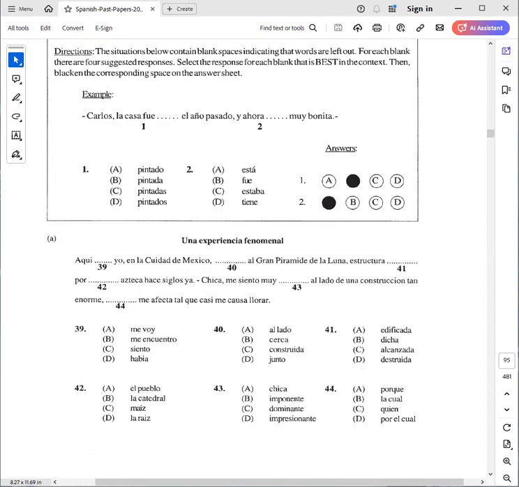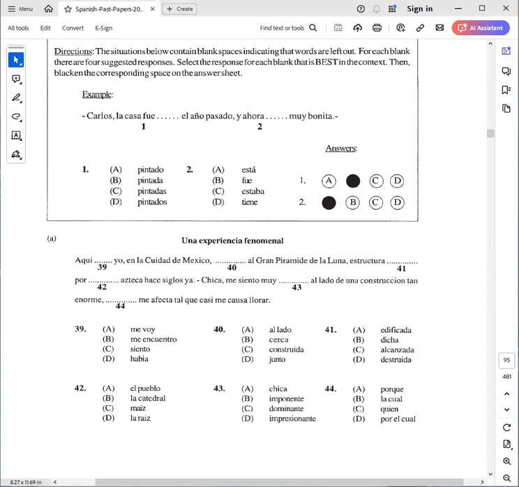Okay, 39. So let's go through this. So here, me encuentro is like I am or I find myself.